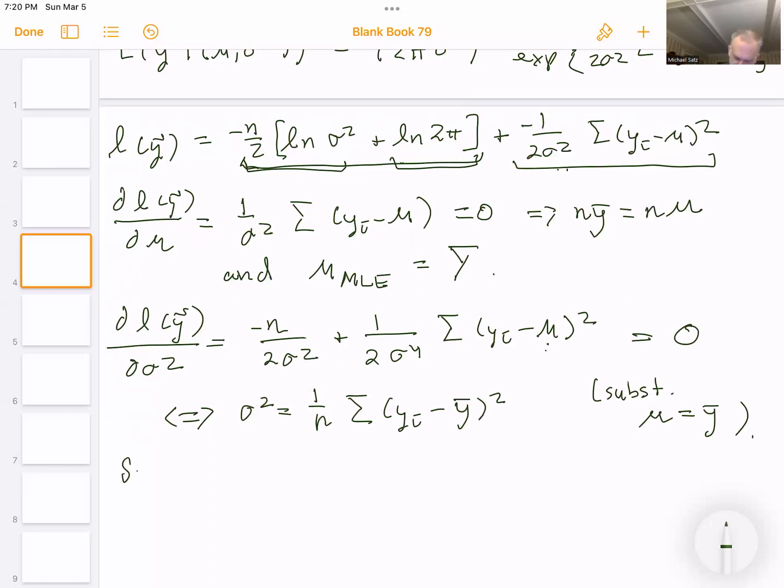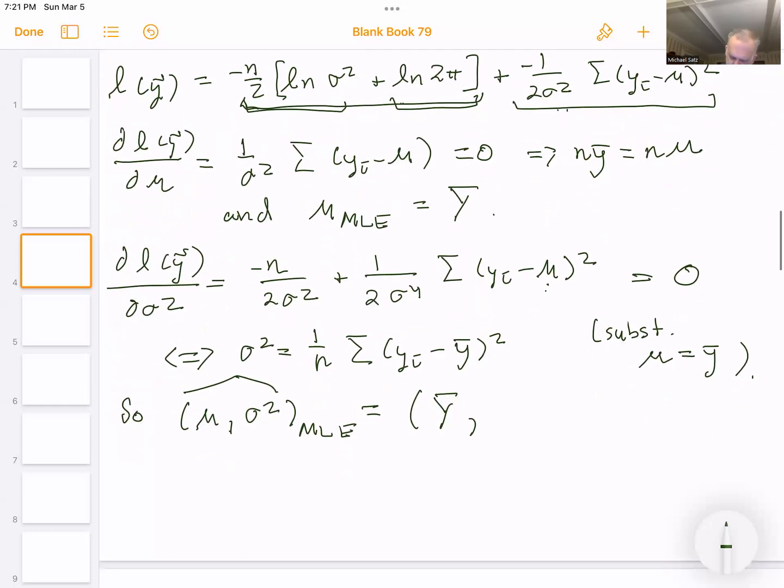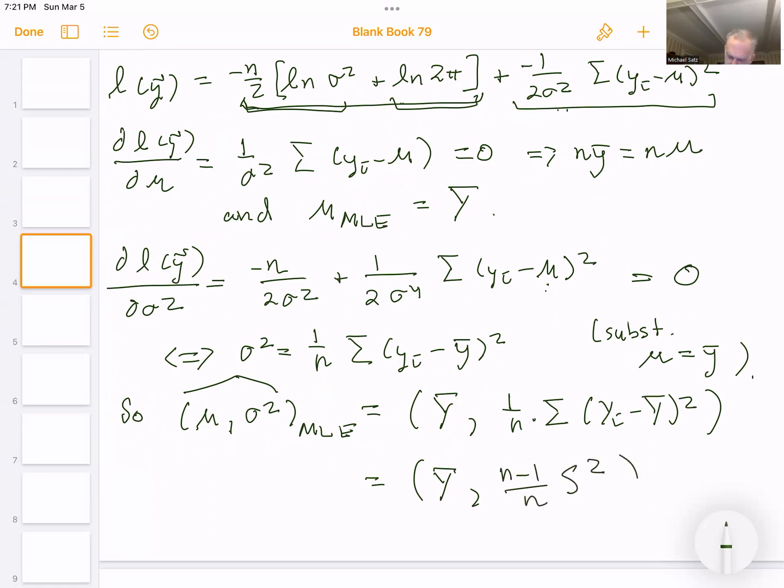Okay, so let's write it as a vector, mu sigma squared MLE is equal to y bar, and then this expression here, which is 1 over n sum yi minus y bar squared. Or we could write this like this too, y bar, and here we could multiply by 1, n minus 1 over n minus 1, and write it as n minus 1 over n s squared.